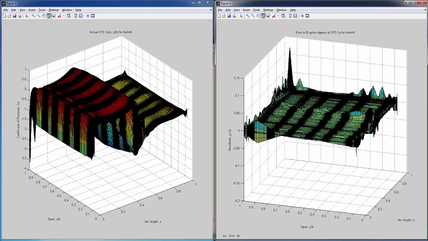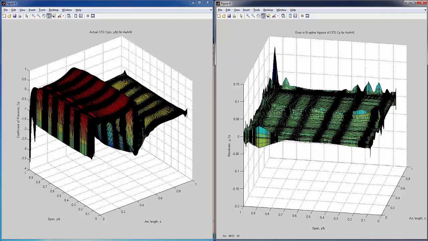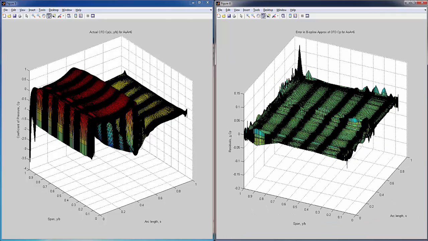Another point of interest is that many times the wingtip, which is this region here, tends to have a larger error than the rest of the body pod, or the rest of the wing, for instance near the body pod.